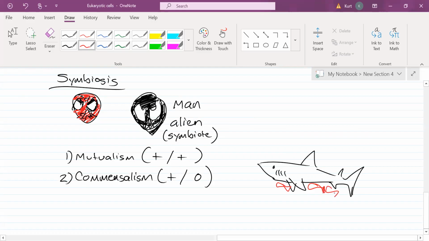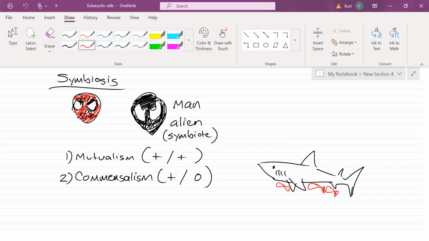Now, unlike what a lot of movies will have you think, sharks are not mindless killing machines. They only eat when they need to eat, and they're not going to go around and find random things to kill. Well, these little remora are hanging out with the shark, and the shark doesn't care.